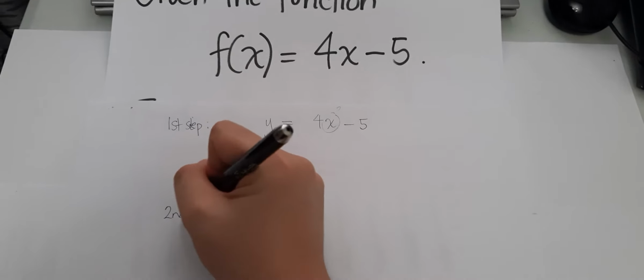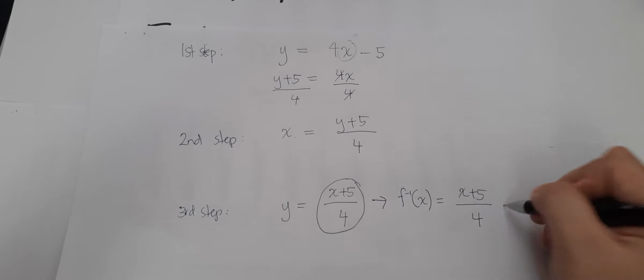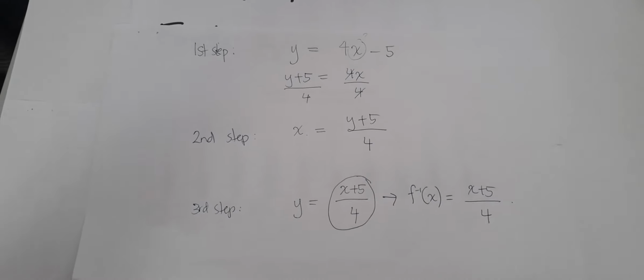Once you have reached this, your third step is you change x to y and y to x. The result will be your inverse function. Therefore, the inverse of f of x is x plus 5 all over 4. So this is the inverse of the function 4x minus 5.